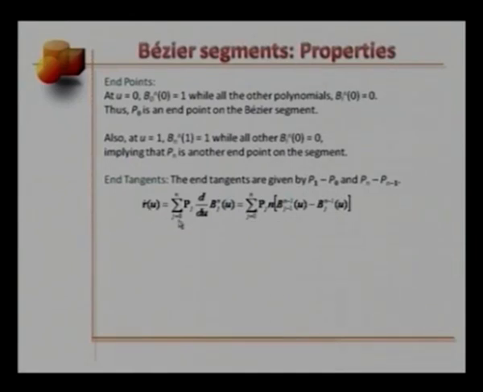you can find that this is given by summation j equals 0 to n p sub j times the first derivative of the jth Bernstein polynomial of degree n, that is equal to summation j going from 0 to n of p sub j n times the j minus 1th Bernstein polynomial of degree n minus 1 minus the jth polynomial of degree n minus 1.